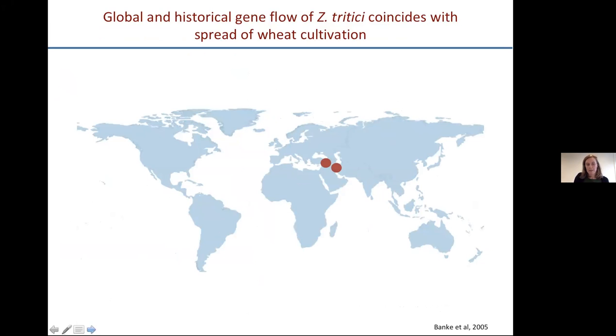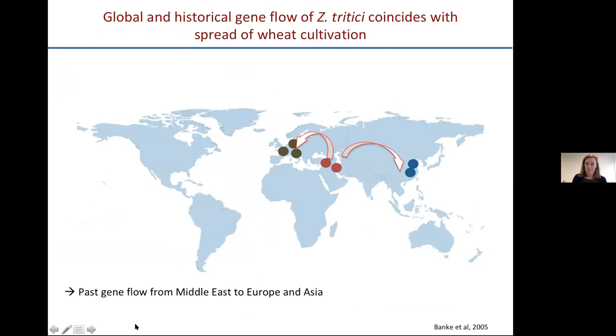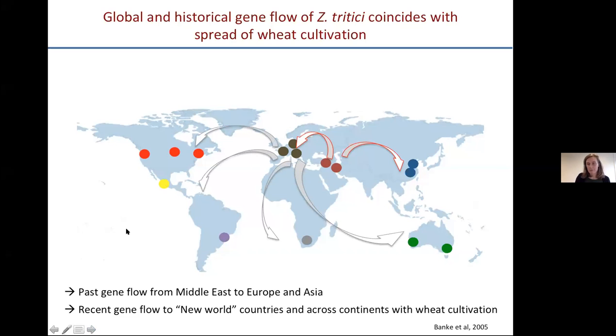We have then been reconstructing historical gene flow of this pathogen and find evidence for a very early spread of this pathogen from the center of origin into Europe and to Asia. And then only very recently, in the past few centuries, to what we can call New World continents, and across continents to South Africa.